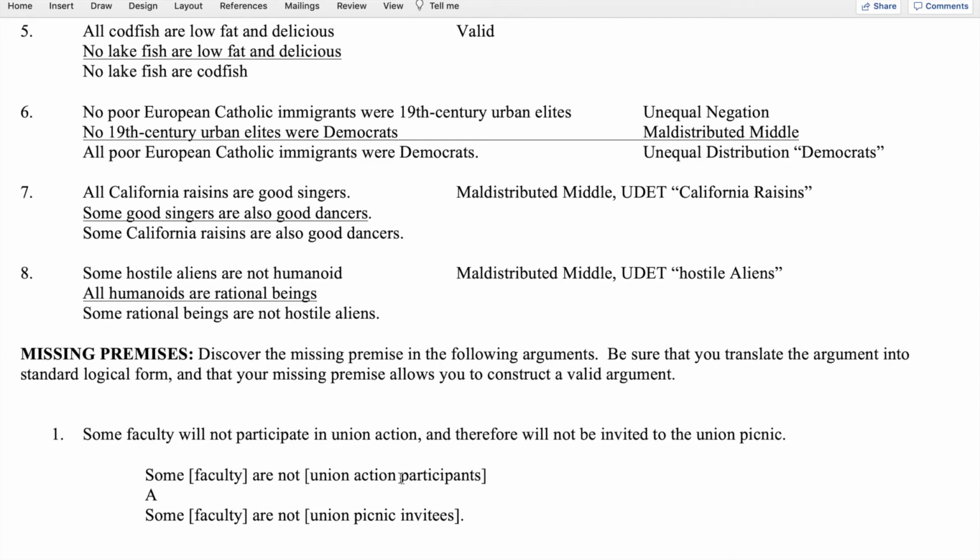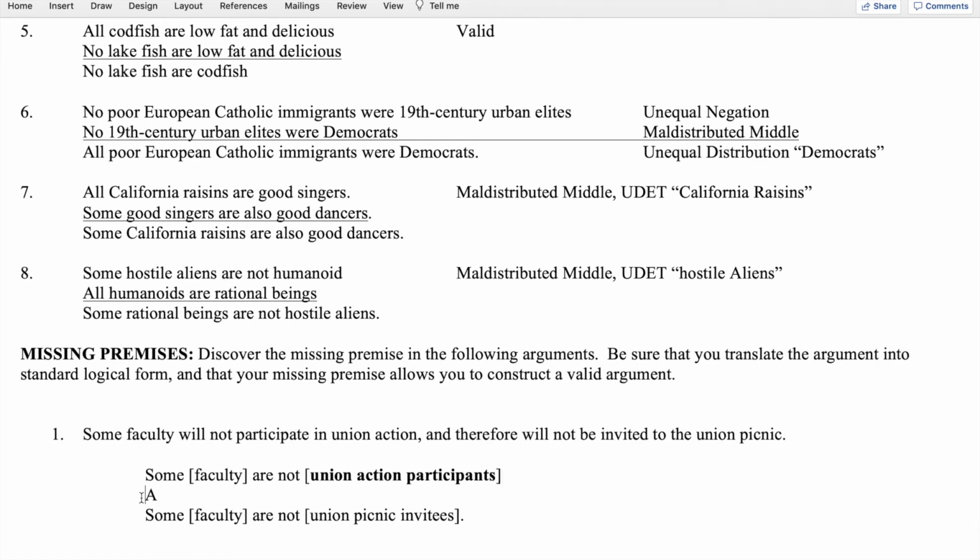So this middle term is distributed. We know it's distributed because it's predicate of a negative. And the rule for middle terms is middle terms must be distributed once and only once. So we'll make that bold to show it's distributed. Middle terms must be distributed once and only once. And this is distributed here, which means when it reappears, it cannot be distributed.